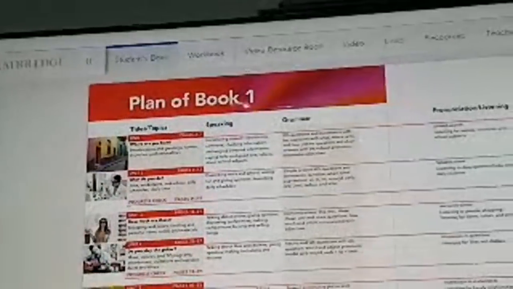I'm going to go over this bar now. So it's the student's book, the workbook, the video resource book, there's video, there's the teacher's edition here, and there's the set of assessments that you will be using in your course.